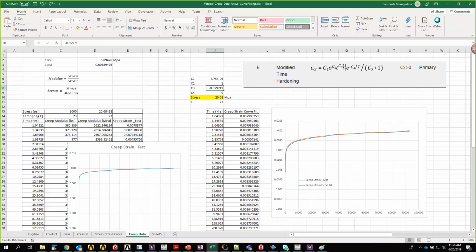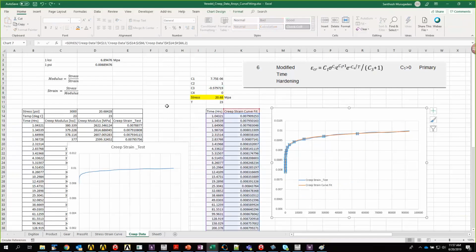This means that C3 has to be negative. Let's look at this term. Instead of 9, if I put 5, you will get a different curve. So you need to understand this equation a little bit and play around with it until you get a match between the experimental data and this.